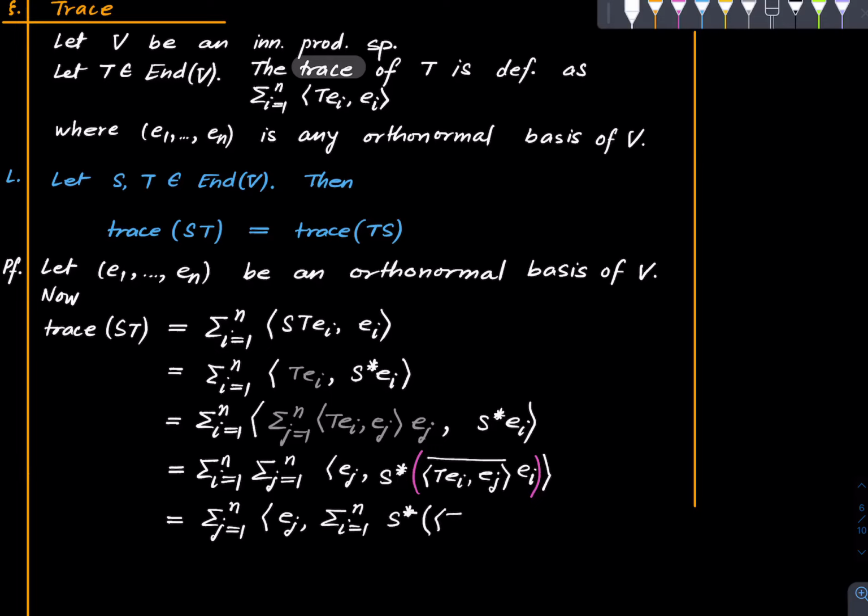Okay, but this summation can be pushed further inside, and let me again do it here itself by linearity of S, and again it helps to color code the brackets.